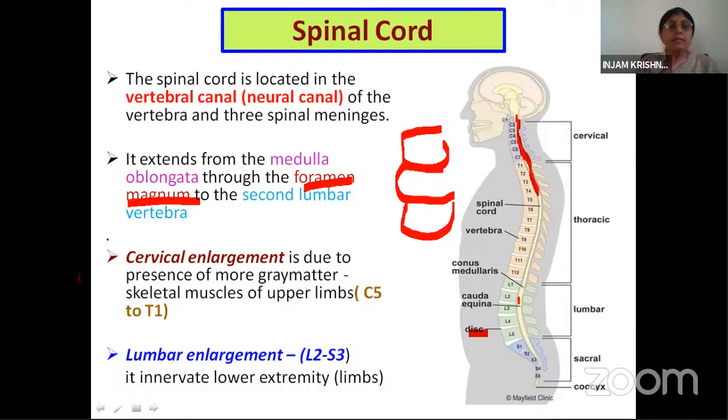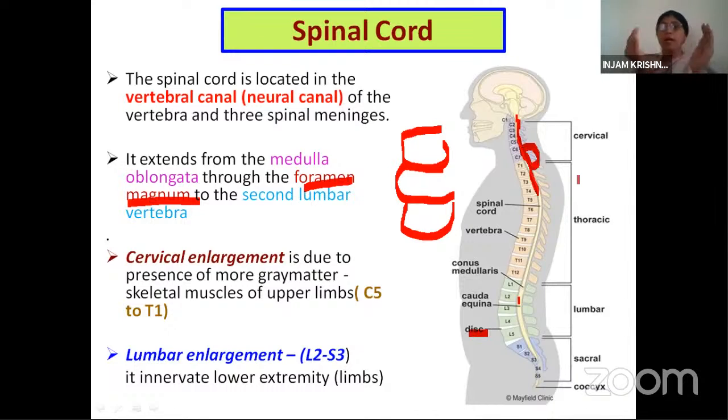Cervical enlargement. What is that? Cervical enlargement is due to the presence of more gray matter. Where is it? C5 to T1. Can we find C5 here? Yes, it is C5. C5 to T1 here.